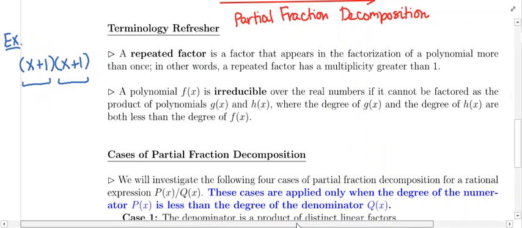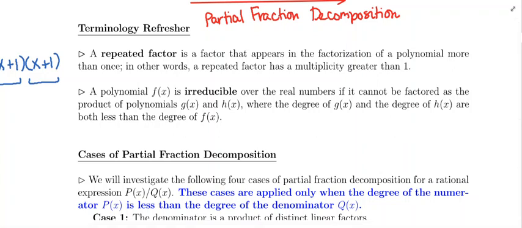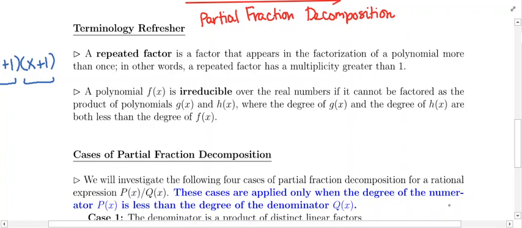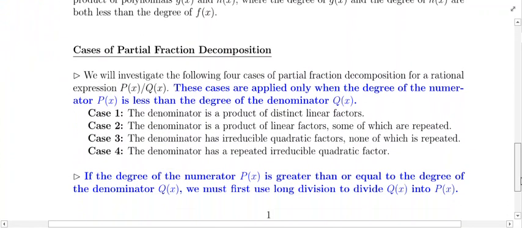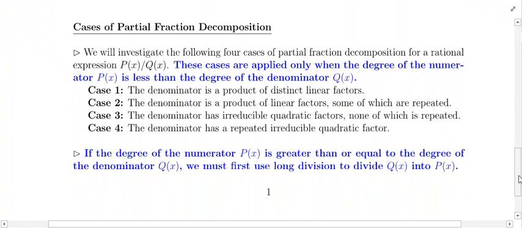Okay, all right. Last thing we're going to do before we start doing examples of this partial fraction decomposition, we're going to talk about the different cases you can see. Okay, it says we will investigate the following 4 cases of partial fraction decomposition for a rational expression p of x over q of x.